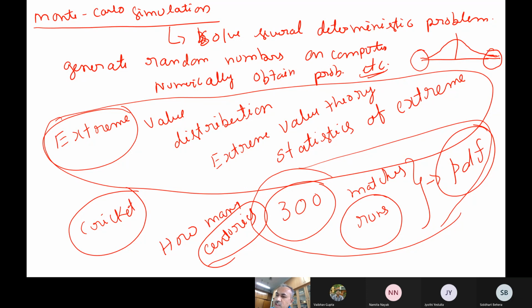Before 2020, if somebody said the probability of this type of COVID situation is almost zero, still it happened. The whole world was hit. So extreme values still occur, but if you use a normal distribution, it says the probability may be zero, and you may be relaxed. That is a big issue.